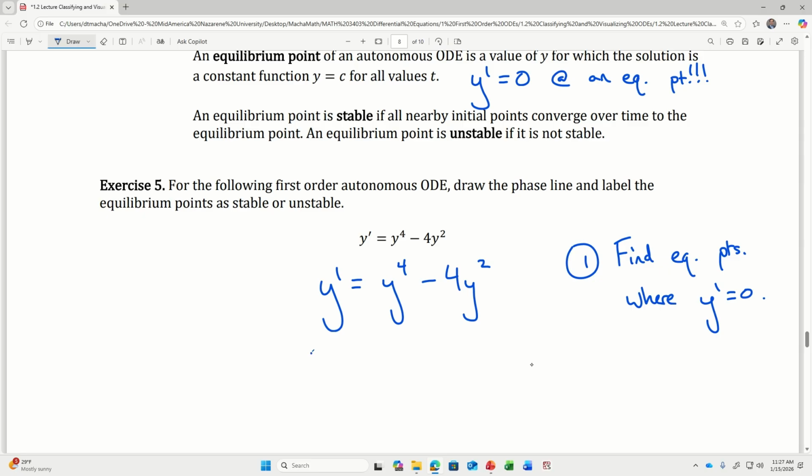So I can write 0 is equal to y to the 4th minus 4y squared, because that's what it looks like to set y prime equal to 0. And then how do I find the values of y that satisfy this equation?